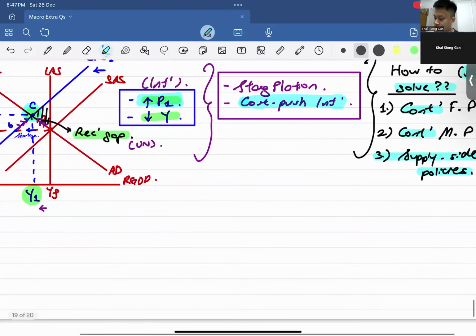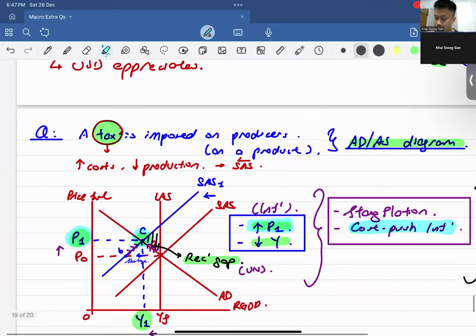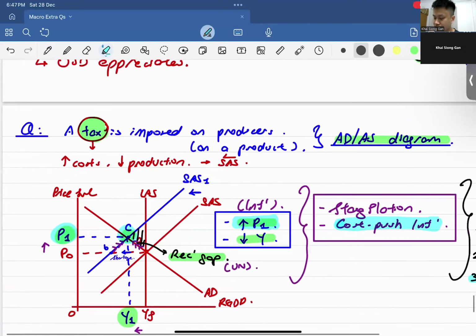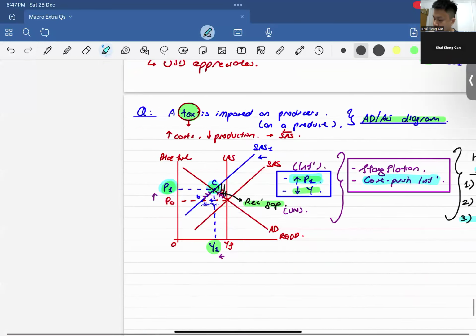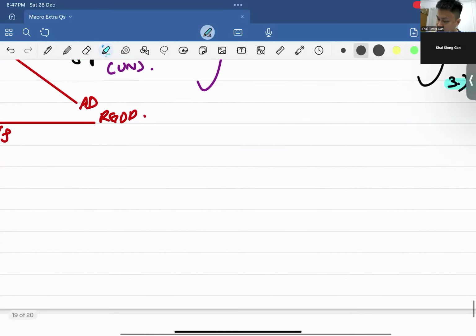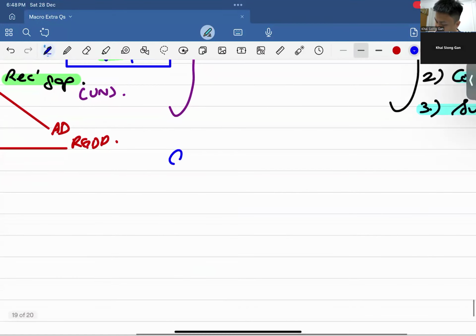Since we talk about supply side, an interesting topic, now let's talk about something different. Let's say I give you a challenge. Let's say I twist the question. A tax question, which I change a bit. I do not want to ask about tax on producers. Now I ask you about a tax cut, reducing tax.